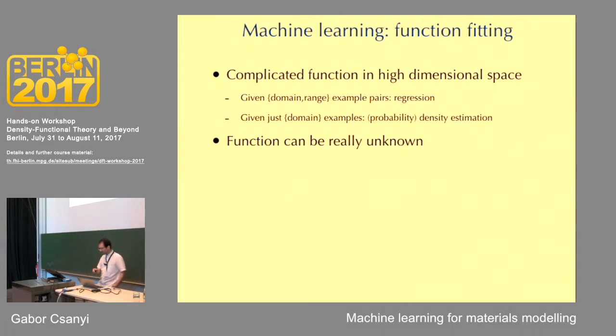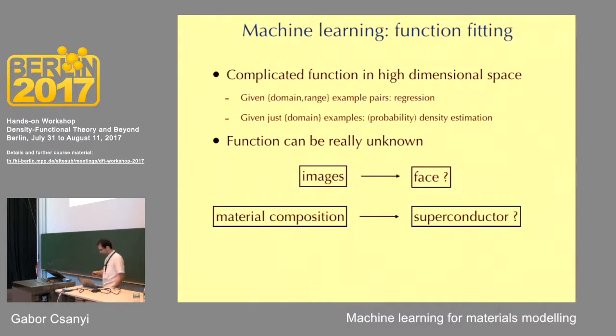In the majority of cases where you meet the concept of machine learning, and this is how it really grew up in the last 10 or 20 years, the function that you're trying to fit is really unknown. You have no algorithm for computing it. So for example, if I show you an image, is it a face? Maybe it's just white noise, or maybe it's a car, right?